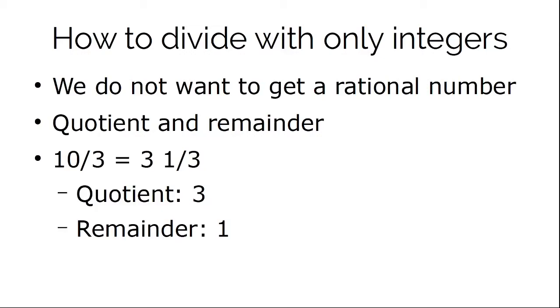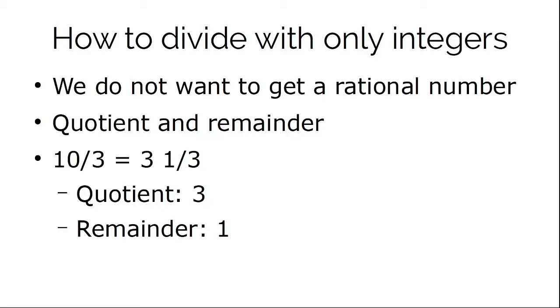Well, what we actually do is we split the answer into two parts, the quotient and the remainder. The quotient is the integer part of the answer. So in this example, 10 divided by 3, we have 3 1/3, and 3 is the integer in this, so we say the quotient is 3. When you divide a number into different parts, so say we have 10 cake slices, and we're splitting it between 3 people, we give each of them 3.